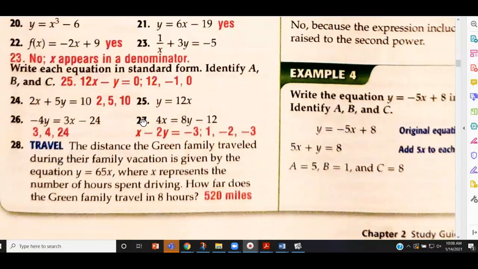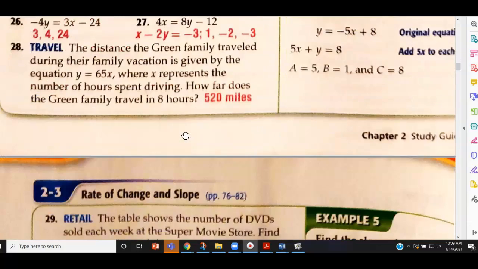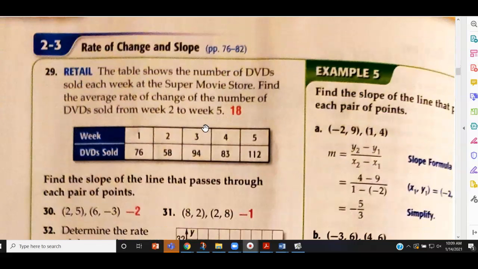Okay, 27 was x minus 2y equals negative 3. You got 1, negative 2, and negative 3. Jumping down to 29, the slope was 18.